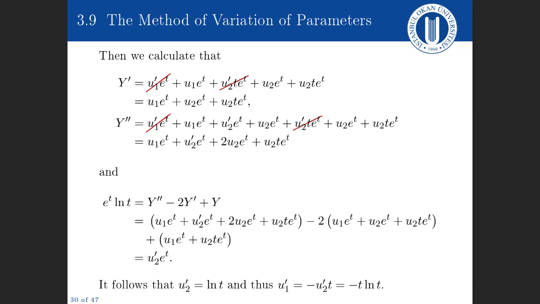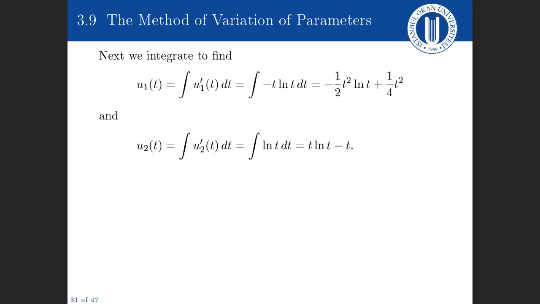Now that we know u1 prime and u2 prime, we can integrate them to get u1 and u2. So here we go. The integral of minus t ln t is minus a half t squared ln t plus a quarter t squared. And the integral of ln t is t ln t minus t. Check them, please.